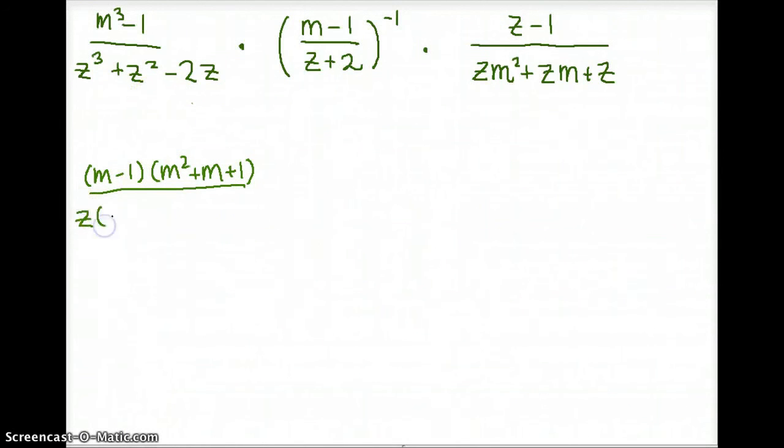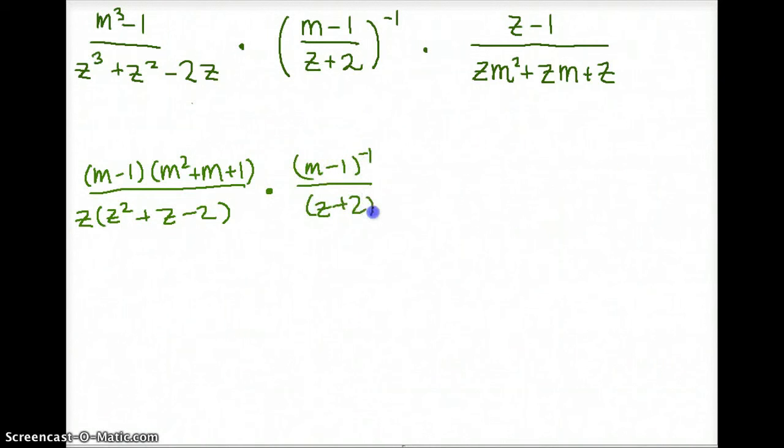So we get z times z squared plus z minus 2. And then we can actually simplify that, but I'm going to do that later. Okay, then we're going to make sure that the negative 1 is on both the numerator and denominator. So we get m minus 1 to the power of negative 1 over z plus 2 to the power of negative 1 times z minus 1.